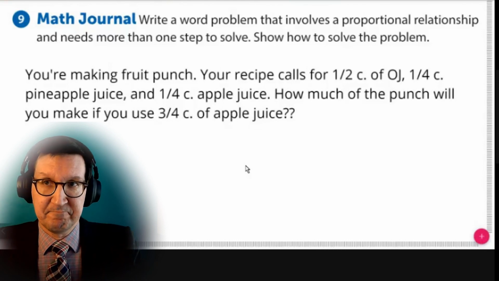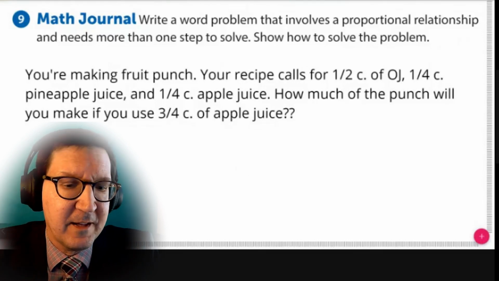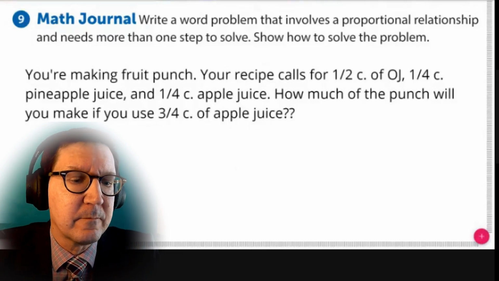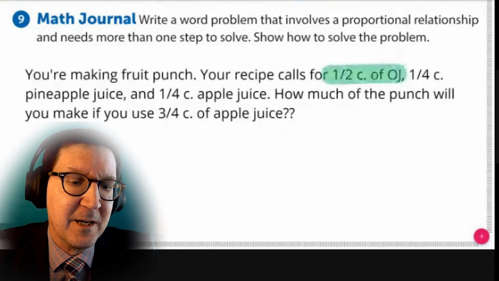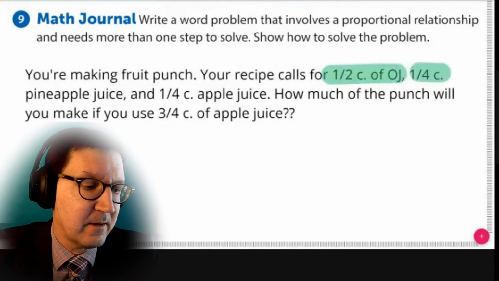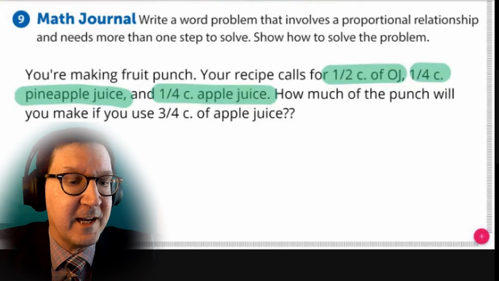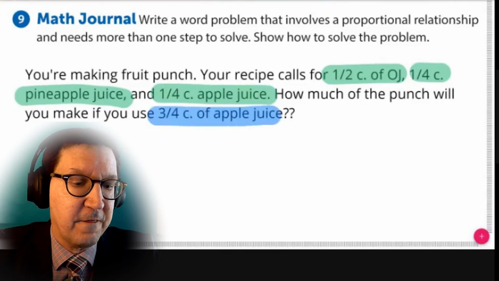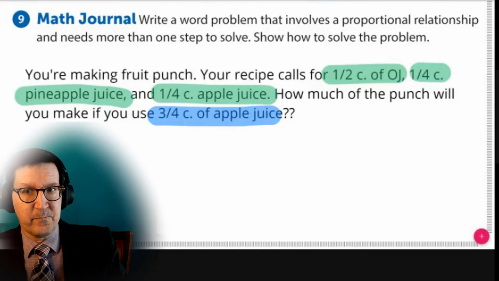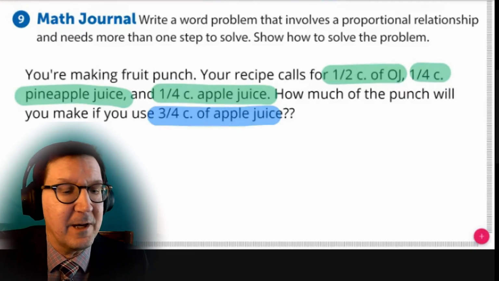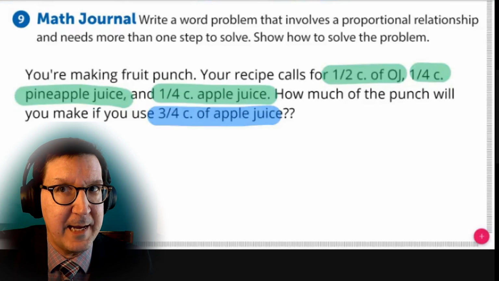Okay. So let's pull our data, see what we have. So we have a ½ cup of OJ, ¼ cup of pineapple, and a ¼ cup of apple. And we're looking for 3/4 cup of apple juice. So how much of the punch will you make?